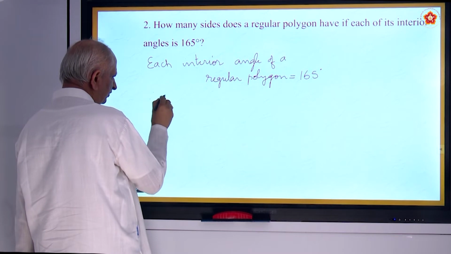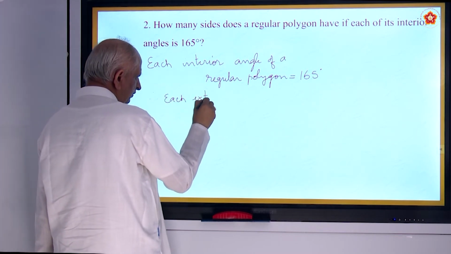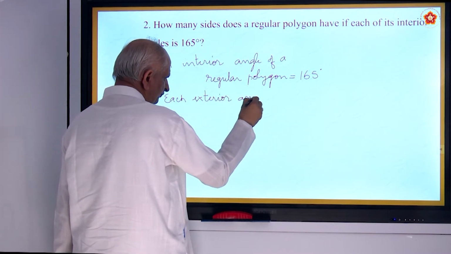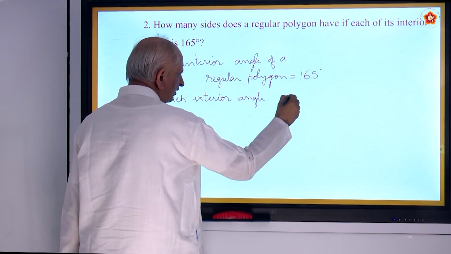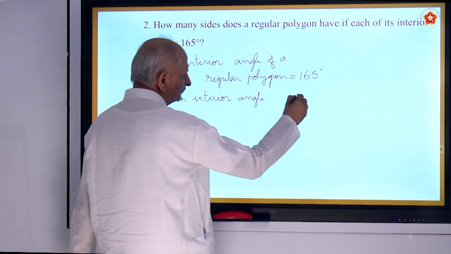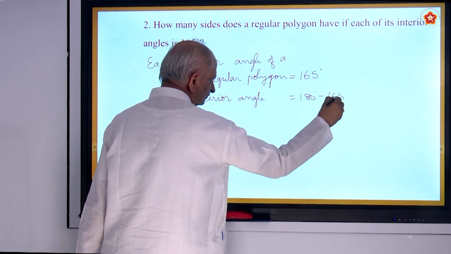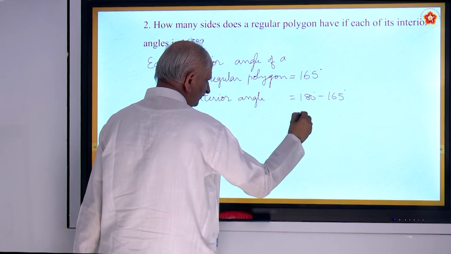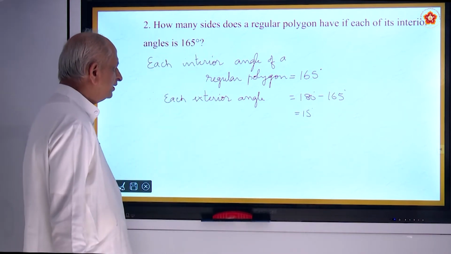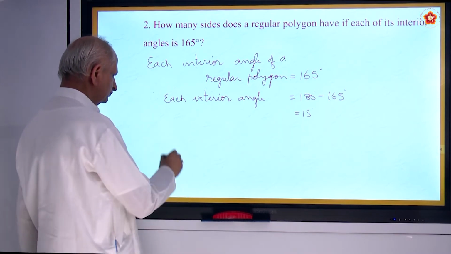Therefore, what happens to each exterior angle? Because the sum of the interior angle and exterior angle is equal to 180 degrees, right? So this becomes 180 minus 165, that is 15 degrees, right? Now how many sides are they asking?